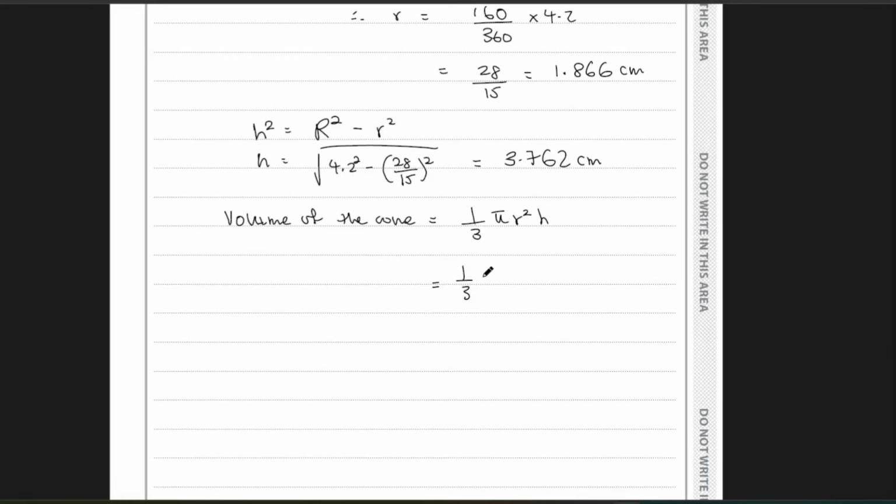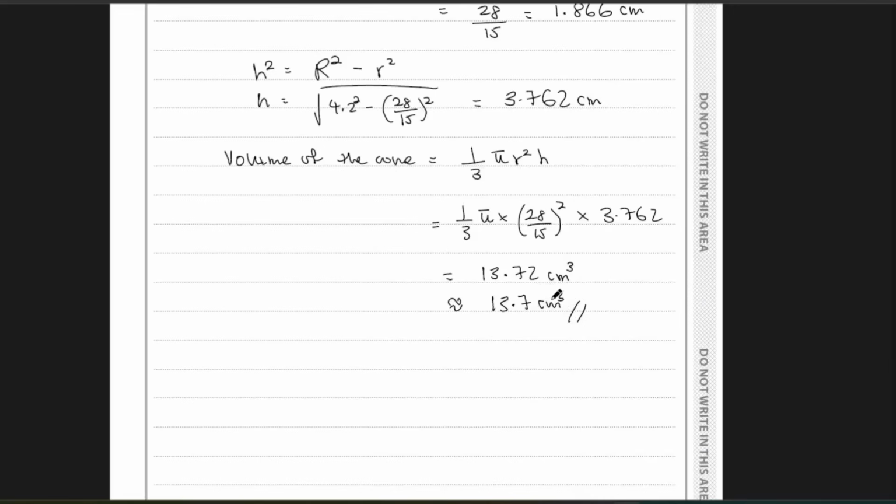So 1 over 3 times pi times r, which is 28 over 15, squared, times the height, 3.762. This gives us 13.72 centimeters cubed, which can be rounded to 13.7 centimeters cubed to 3 significant figures. And this is the volume of the cone, 13.7 centimeters cubed.